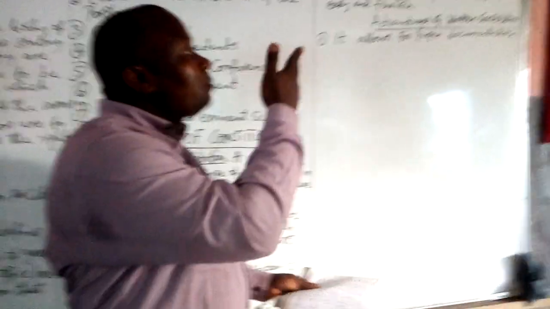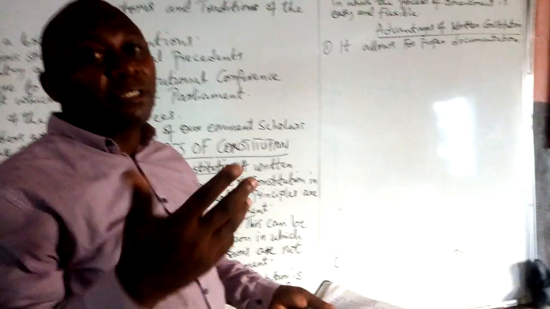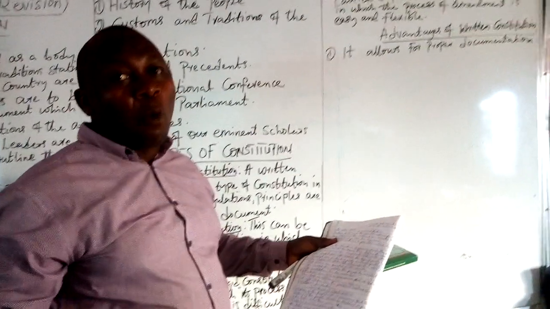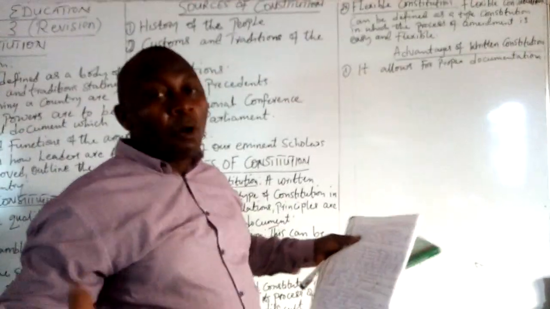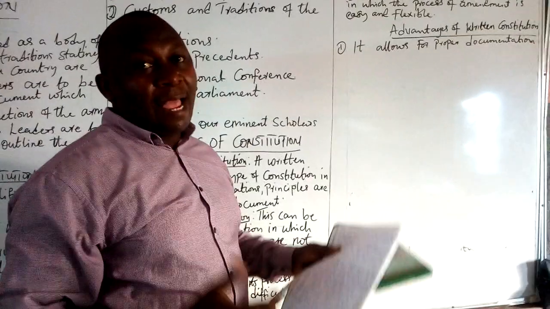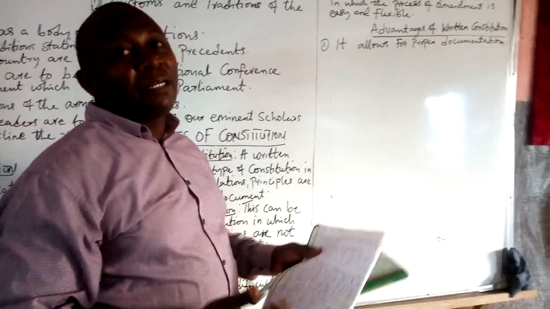And countries that normally make use of the flexible constitution are those with a unitary government, a country that doesn't have much population, a small country. A flexible constitution can be easily used by a small country or a unitary government.